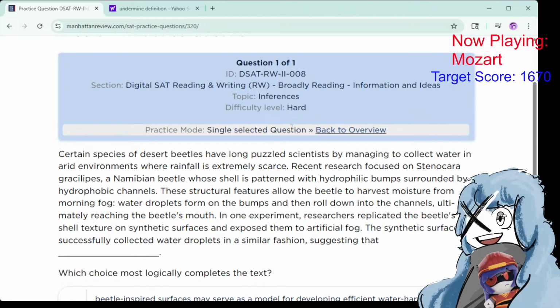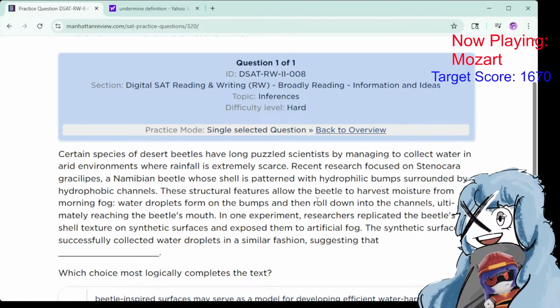Inferences, hard. Certain species of desert beetles have long puzzled scientists by managing to collect water in environments where water is extremely scarce. Recent research focused on Stenocara gracilis, a Namibian beetle whose shell is patterned with hydrophilic bumps surrounded by hydrophobic channels.